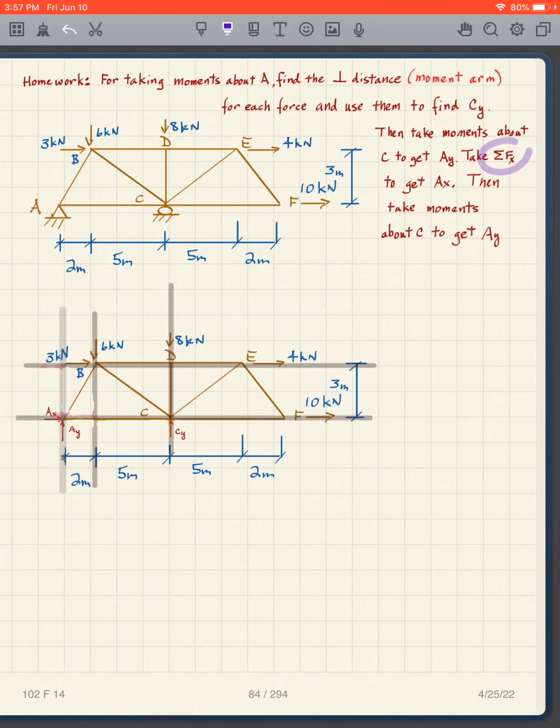Take the sum of the forces in the x direction to get AX. And I guess I've already covered this, so. Okay. So pause the video here and solve this problem.